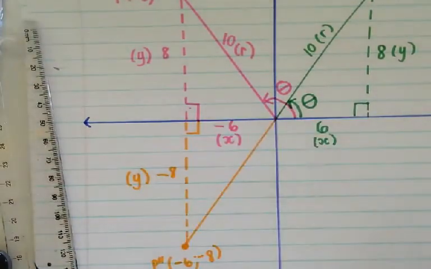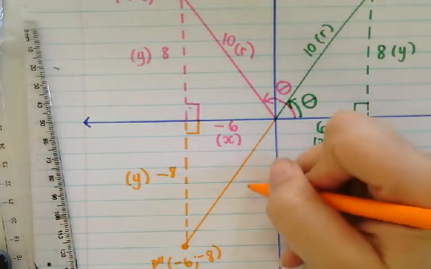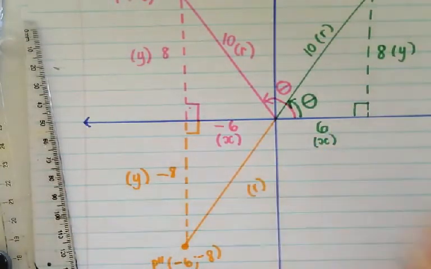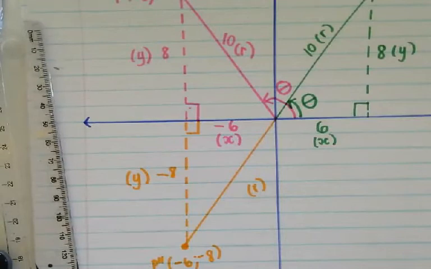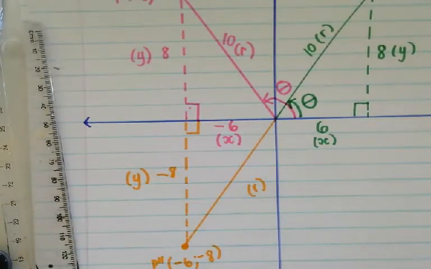What do you think my hypotenuse is going to be? Who says negative 10? Who says positive 10? Do Pythagoras on your calculator and tell me what it is. Remember, we have negative 6 squared and negative 8 squared.